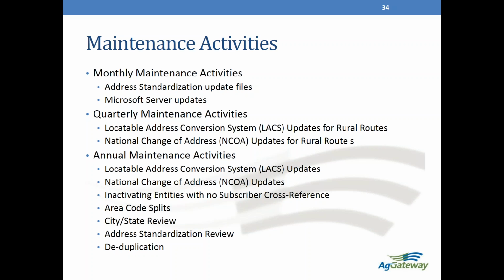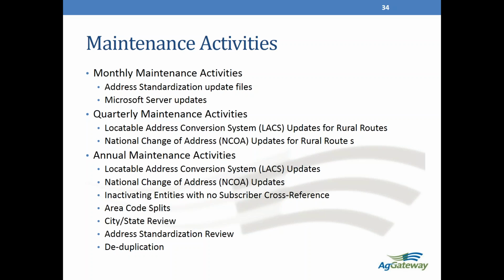But we also offer quarterly maintenance activities that are specific to the data itself. That's with LACS, the Locatable Address Conversion System, which updates any of the entities in the database with a rural route to a 911 address. And then we also apply the National Change of Address. And this is on rural route entities.